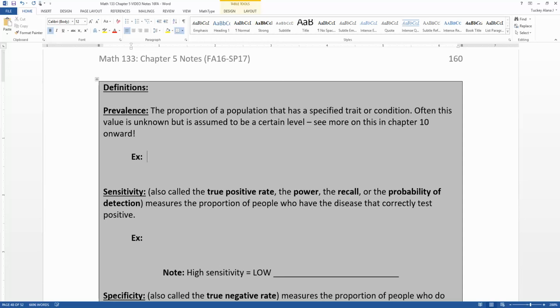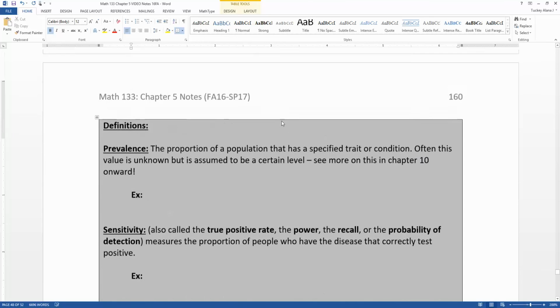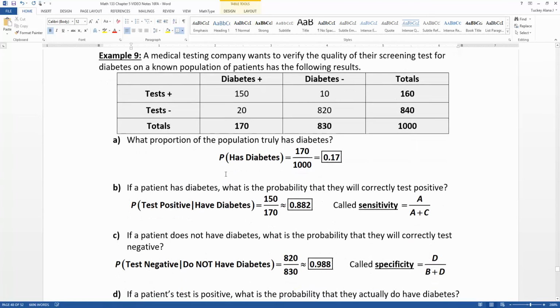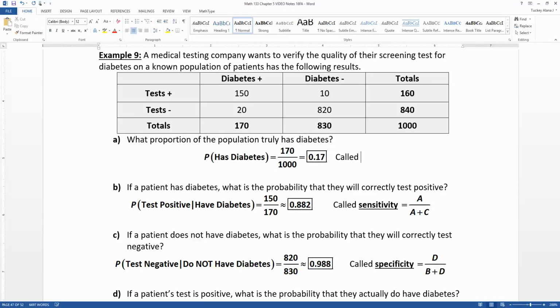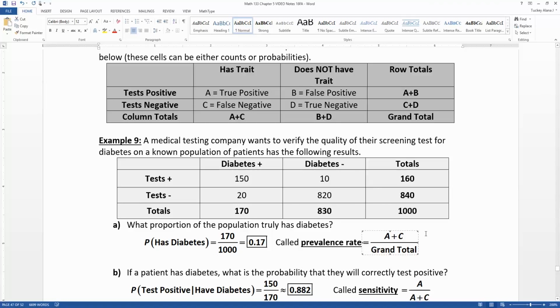So for example, we assumed 17%, the proportion of the population that has the diabetes. So this is called the prevalence rate, right there. And we can find it by taking A plus C, the column total, and dividing it by the grand total.